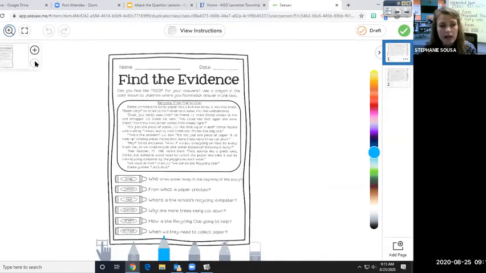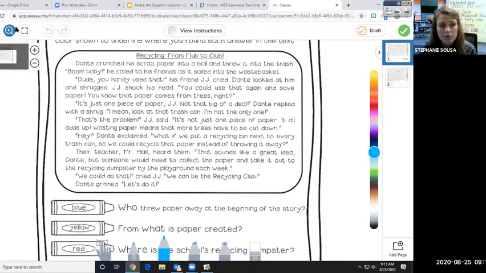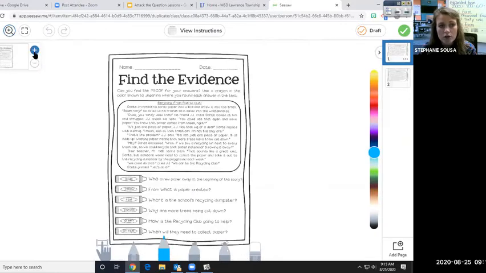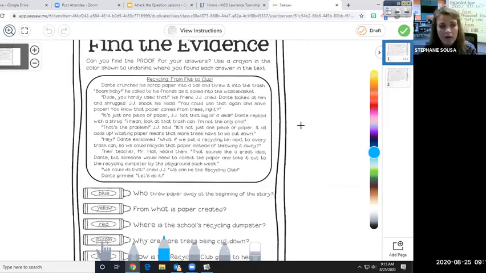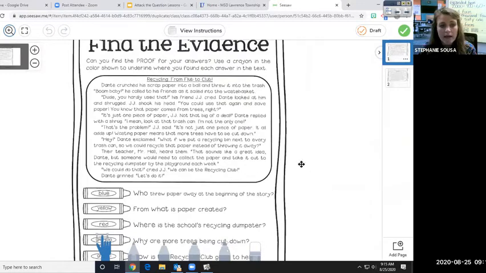A couple of you were telling me the work was too small for you to see. Just click on this plus sign inside of the magnifying glass, and then it can make your work larger for you, okay? That right there is a good size for me, so I'm going to leave it right there. So this plus sign can help you. Now I'm going to go ahead and begin.